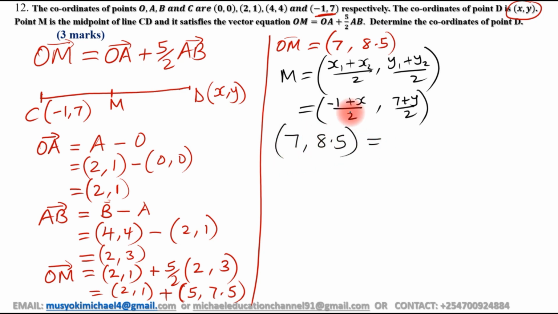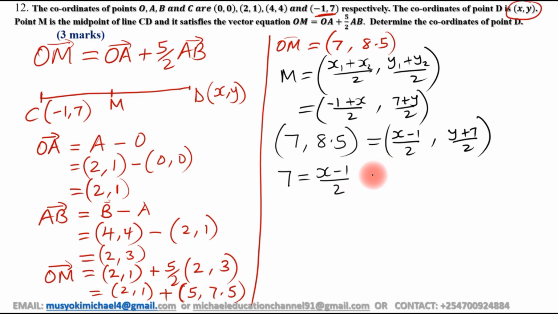So this must be equal to (7, 8.5). So (7, 8.5) must be equal to ((x minus 1) over 2, (y plus 7) over 2).